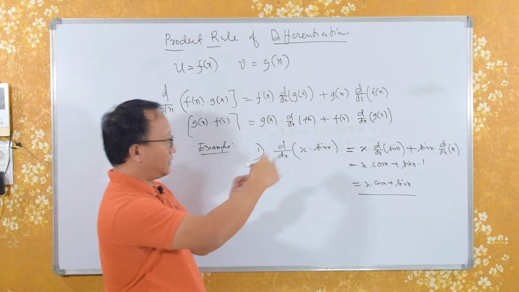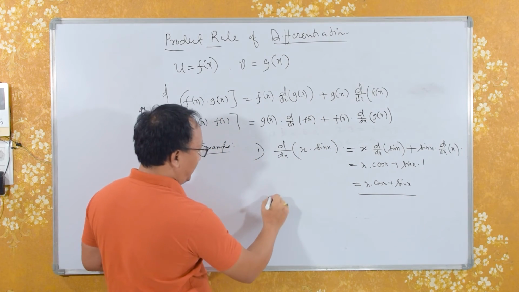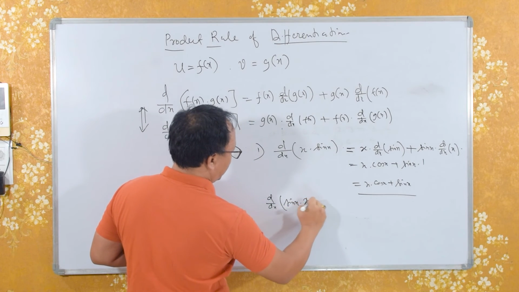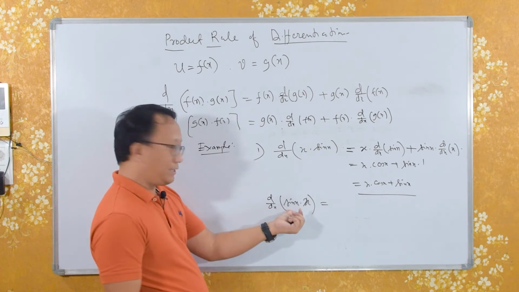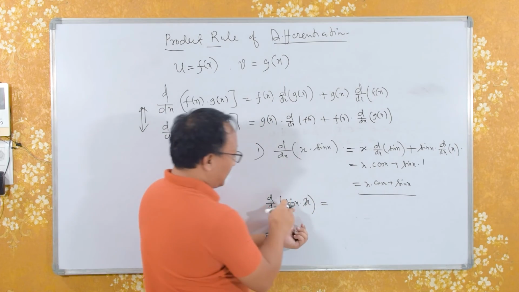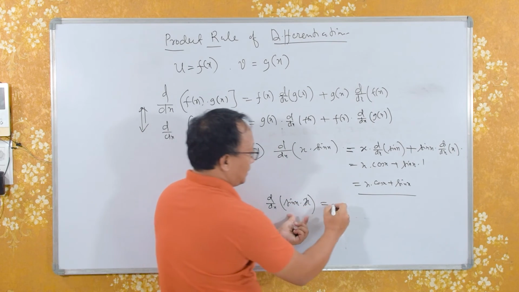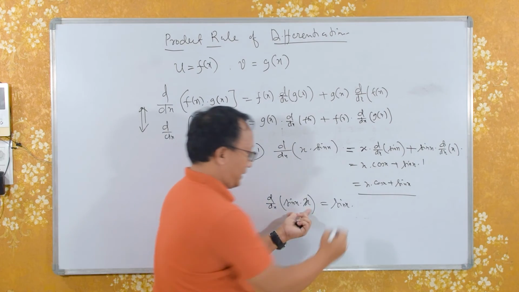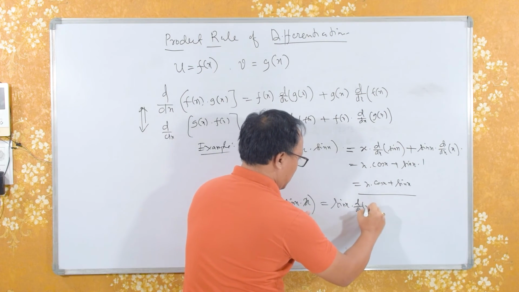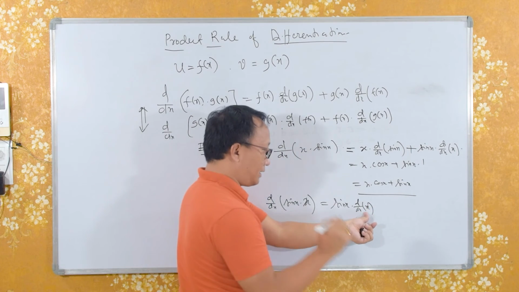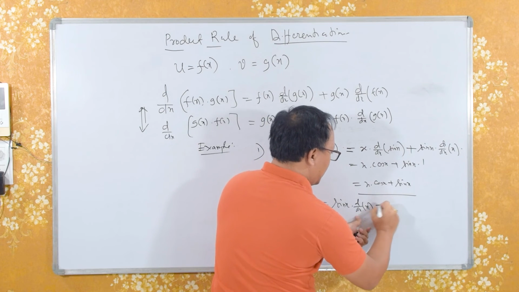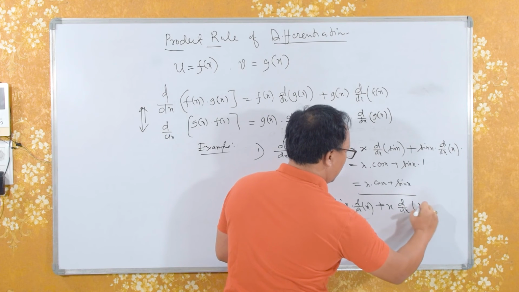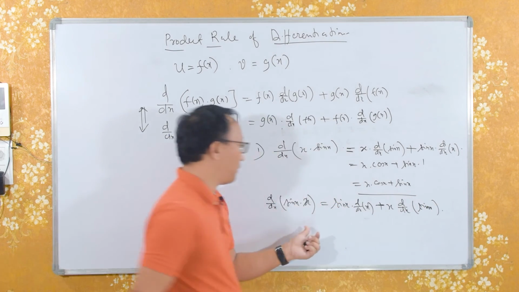Now, if we change the order, sin x and x, the answer will be the same. Let's check. The first function is sin x, the second function is x, so sin x into dy dx of x. Since this differentiation of x is over, with a plus sign, keep x as it is, again dy dx of sin x.